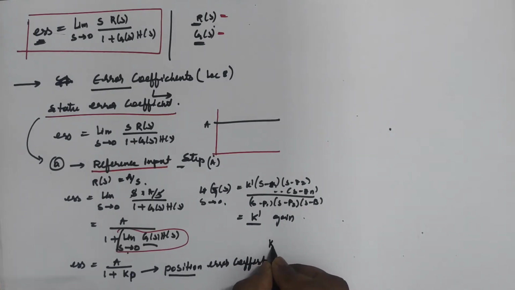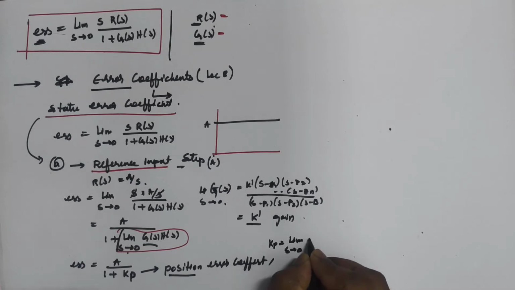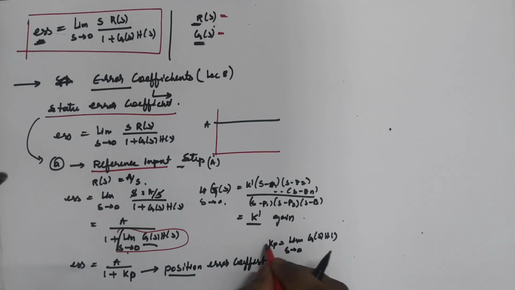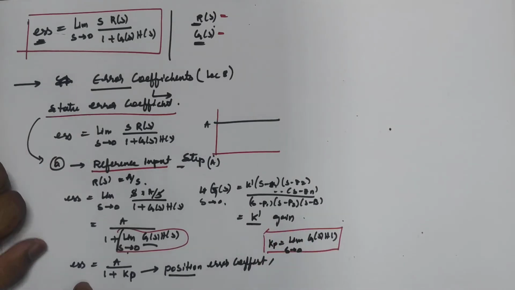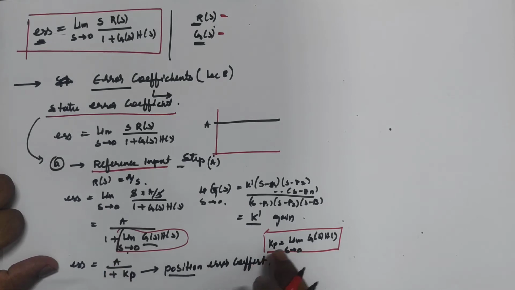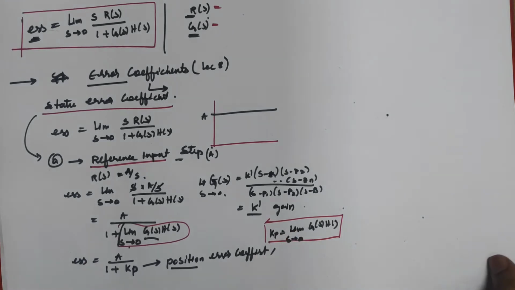The Kp value is limit s tends to 0 of G(s) H(s). That's it. So for the step input, the steady state error value is A by 1 plus Kp, where Kp is the static error coefficient or position error coefficient.